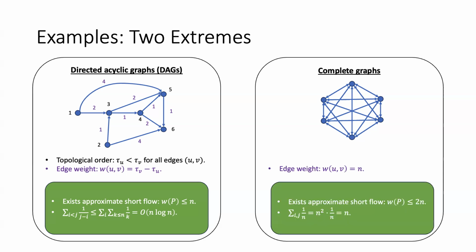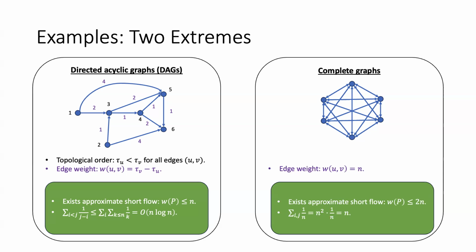However, it's not hard to see that there actually exists a maximum flow in a complete graph such that each flow path has weight at most 2n. And you can check that the sum of the inverses of the edge weights is bounded by n squared, which is the number of edges, times 1 over n, which is again very small. So in both extremes, we have a very good weight function.